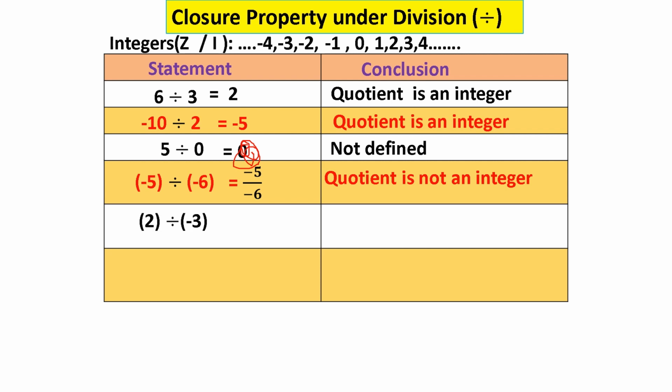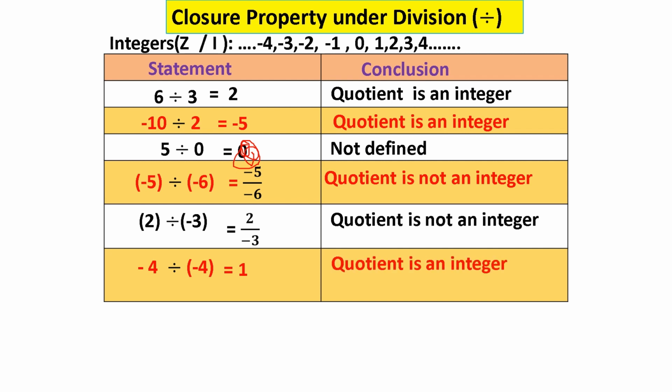Next, 2 divided by minus 3 gives 2 by minus 3, which is not an integer. So the quotient is not an integer. Next, minus 4 divided by minus 4, we get 1. So it is an integer.